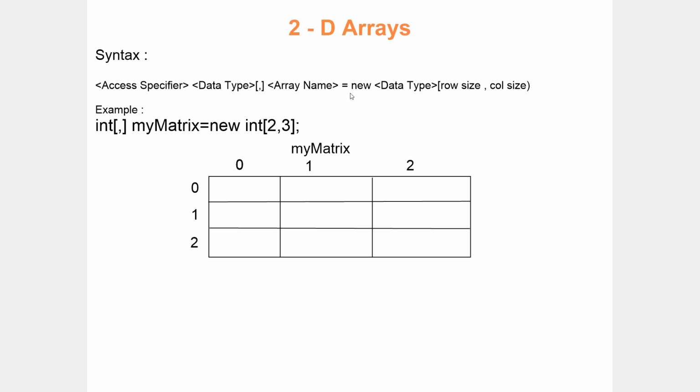Again, what is the use of the new keyword? It takes care of calculating the size of your collection and allocating that much memory in the slot. We already discussed this yesterday in the case of 1D. Everywhere the nature of new is the same. It calculates the size of your collection based on the number of elements and allocates that much memory in the slot.